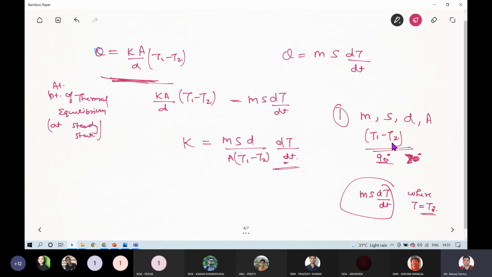T2 was your temperature of the thermometer at steady state, at thermal equilibrium.